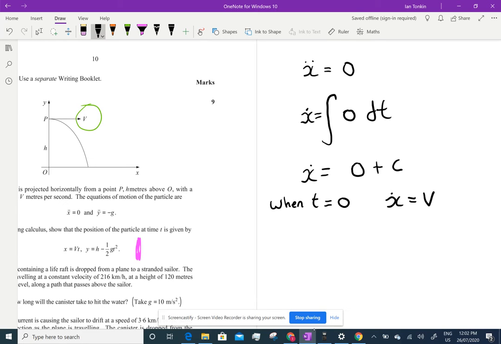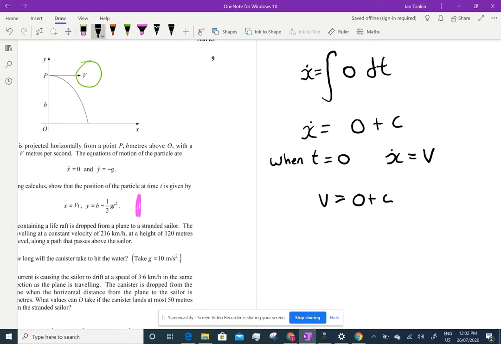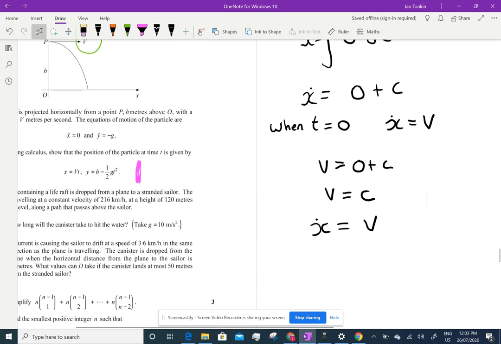So we put that in and we get v equals 0 plus c. I don't really need that 0, but I get a constant v. And that's right, because my velocity is going to be that v that it's being projected from.